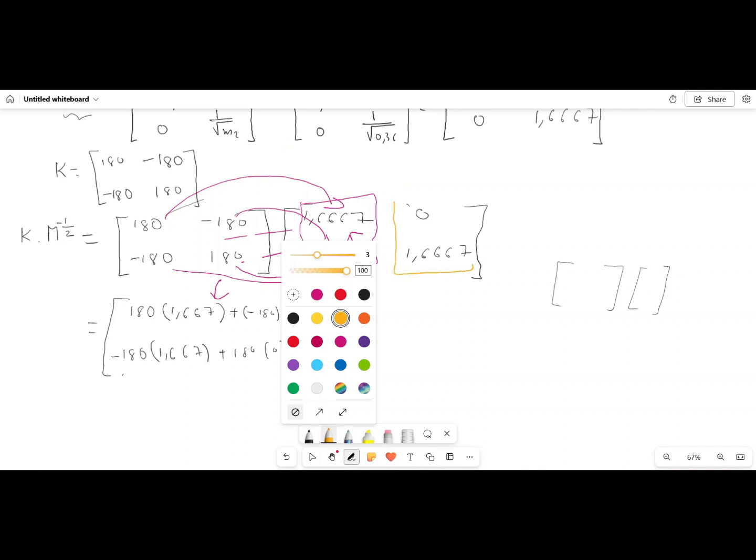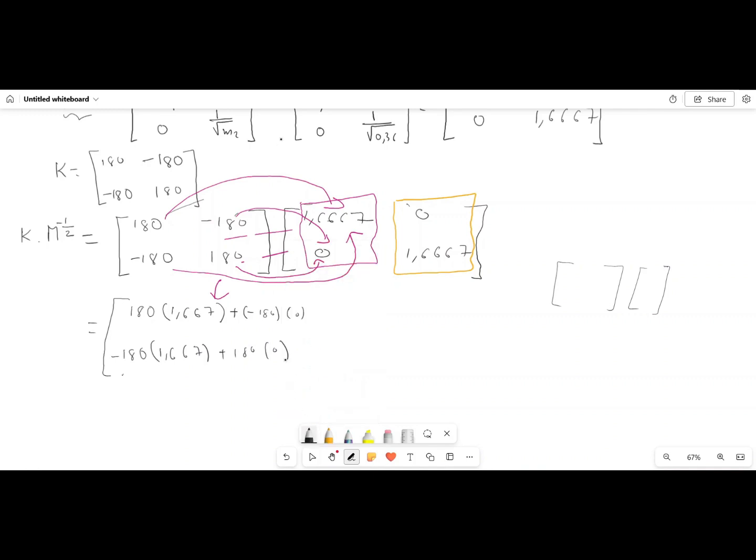There are a lot of matrices here, guys. We'll do 1 and 2. You understand what I'm trying to say? Now the logic will be, I will have 180 still, but it will multiply this 0 plus minus 180. It will multiply 1,6667.